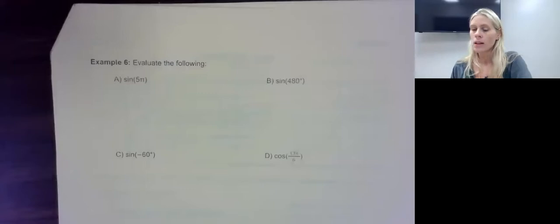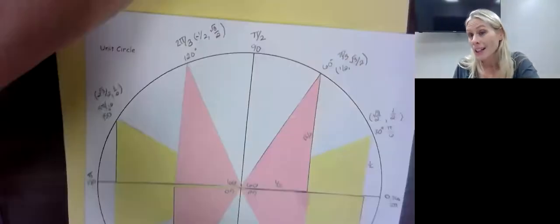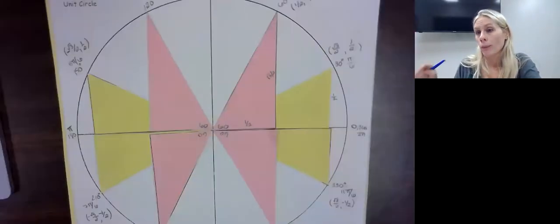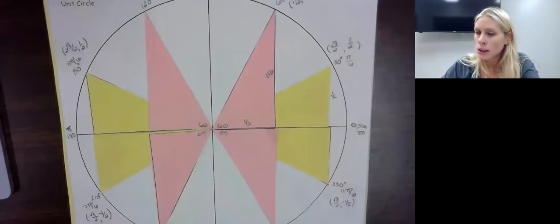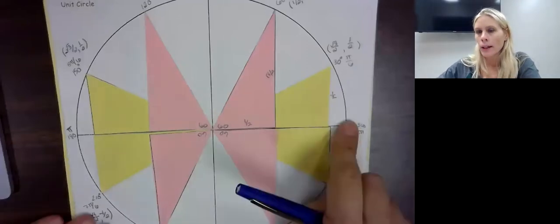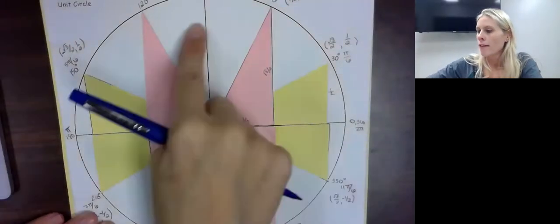Grab your unit circle, and we're doing sine of 5 pi, right? So a couple ways we can do this. We can either go around the circle multiple times, or we can subtract a full circle. I'm going to go around the circle multiple times first. So 5 pi. Start at 0. This is 1 pi, 2 pi, 3 pi, 4 pi, 5 pi.